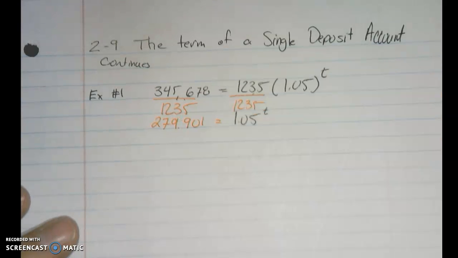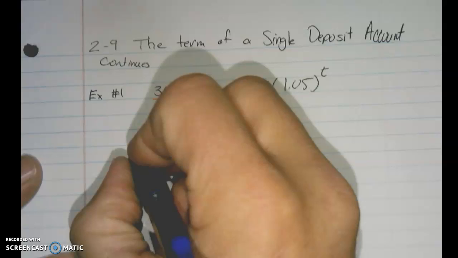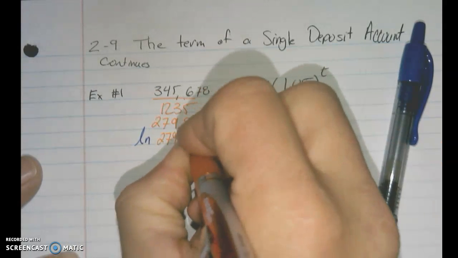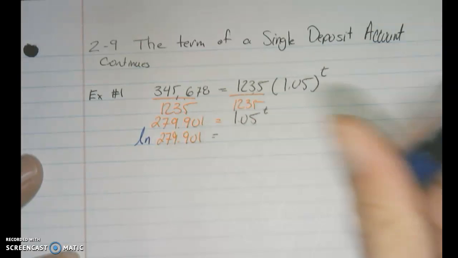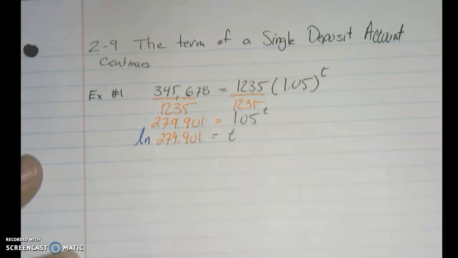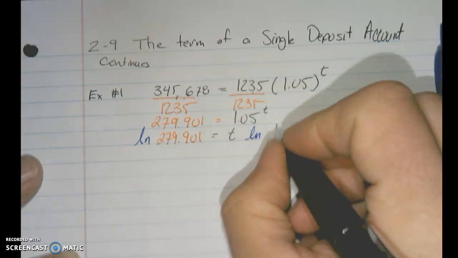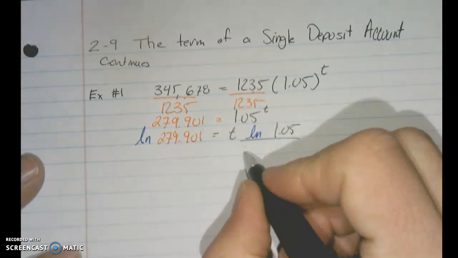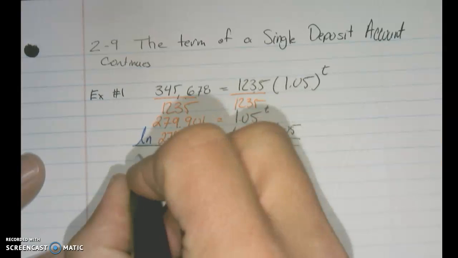Natural log. So we're going to take the natural log on both sides, and it would look something like this to show my work. The t comes down in front, and then we're going to have natural log of 1.05. Now I can take natural log of 1.05 and divide it over to here.